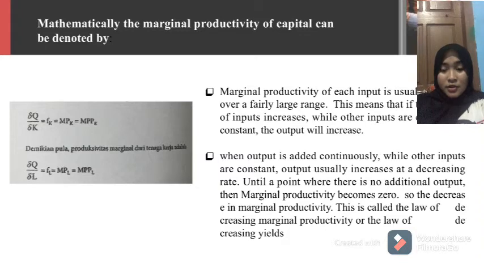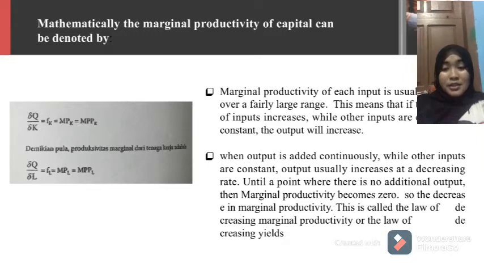The explanation is that marginal productivity of each input is usually positive over a fairly large range. That means that if the number of inputs increases while other inputs are considered constant, the output will increase.